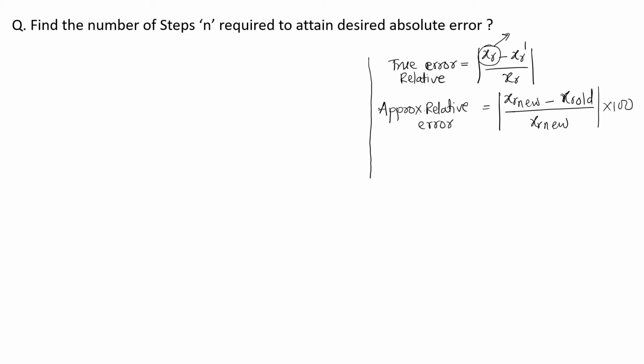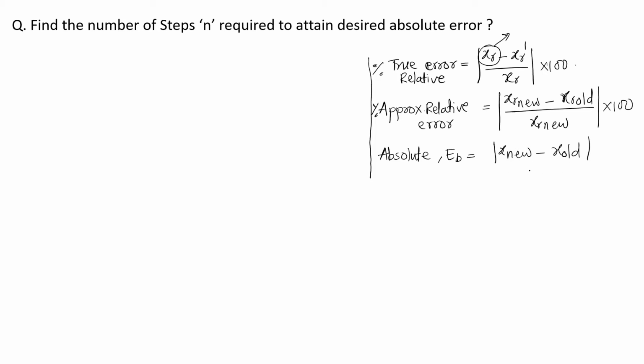This is the percentage approximate relative error, versus the percentage true relative error. So these are the two different types of relative error. Third is the absolute error, and absolute error is only the difference between xr new minus xr old.